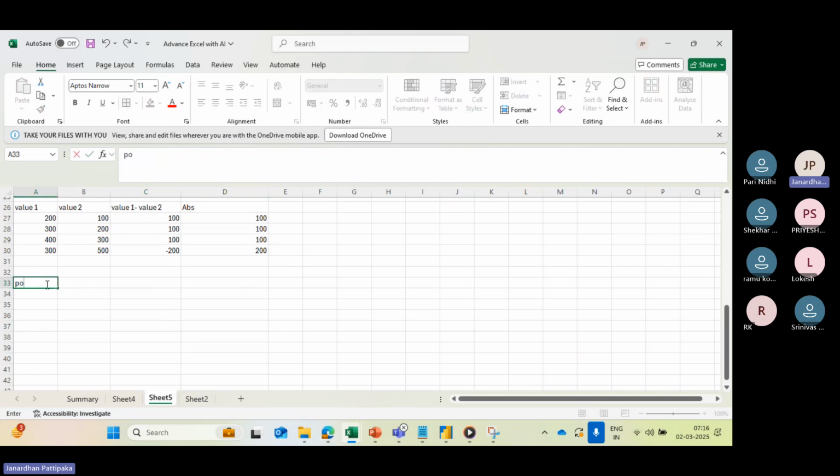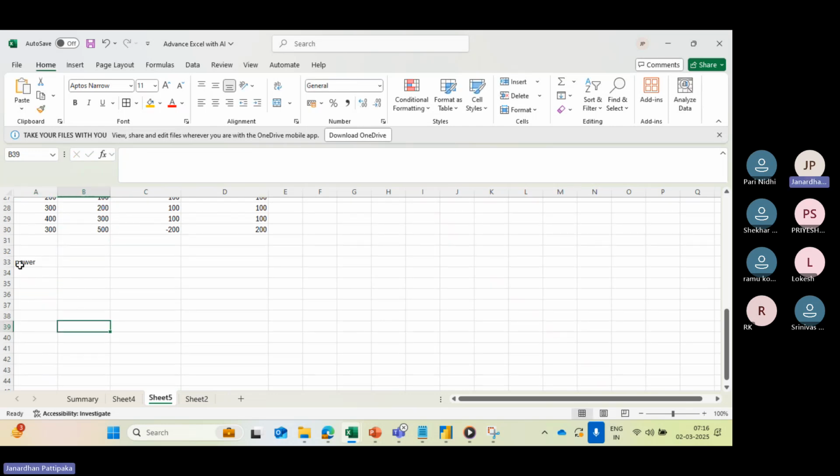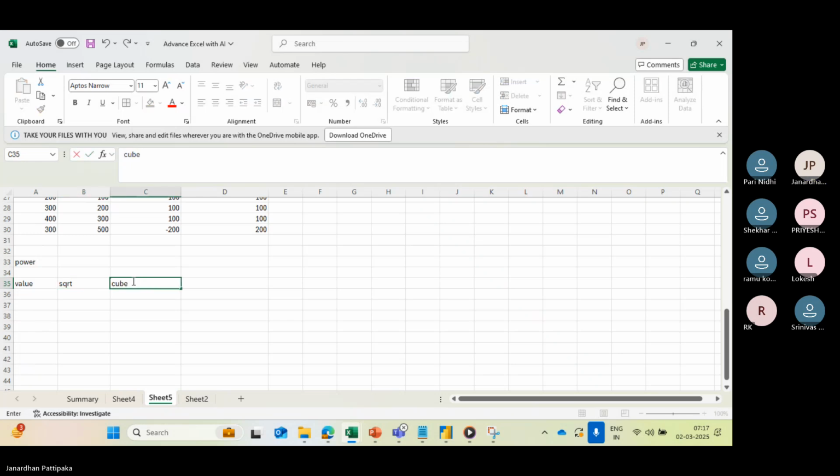Okay, there is a function called the power function. I will create some columns called value, square root, and cube.